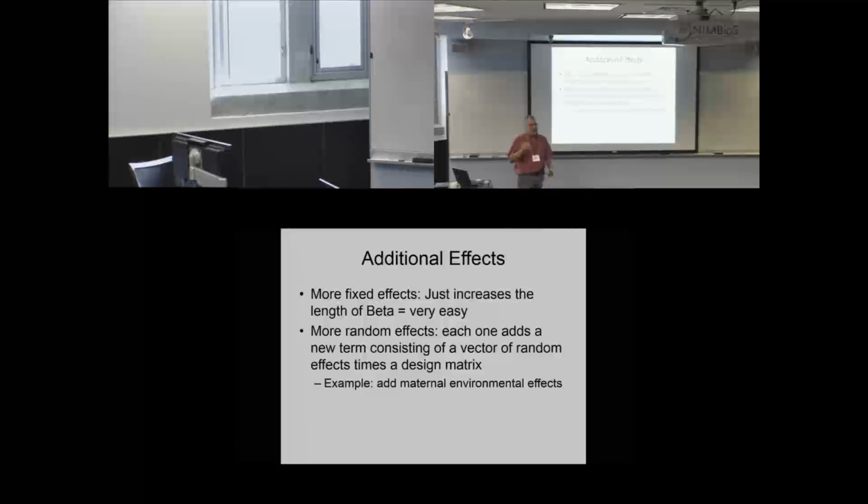Maternal environmental effects make siblings resemble each other more strongly than non-siblings. Especially if you're working on mammals, you probably want to model them, because if you don't and they're there, they're going to inflate the additive effects.